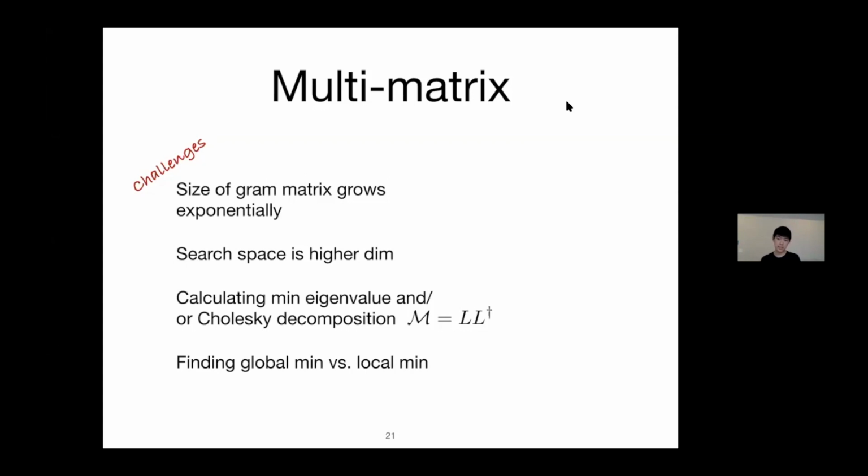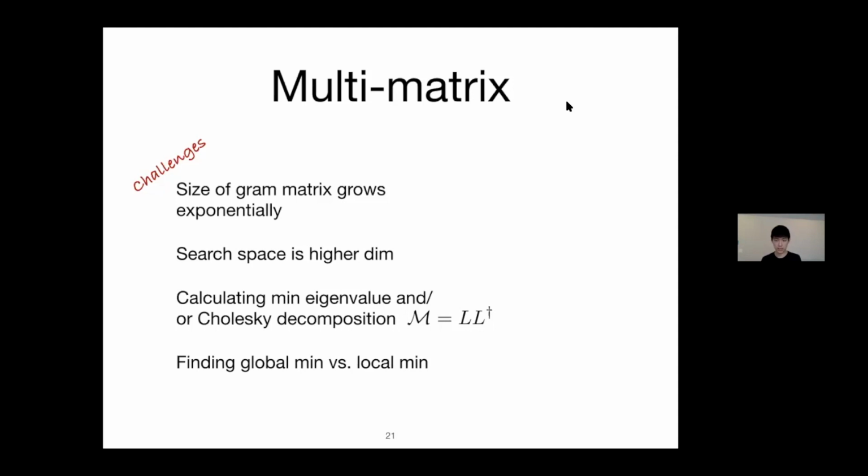That means that in principle, we will have to be able to diagonalize, or at least find the eigenvector of the minimum eigenvalue of this very large matrix. Another separate issue is that the search space in general has a much higher dimension. As we saw from the estimates, it roughly grows exponentially with the degree of the polynomial which the multi-matrix interaction has.